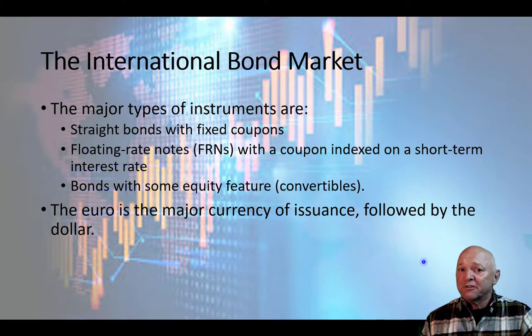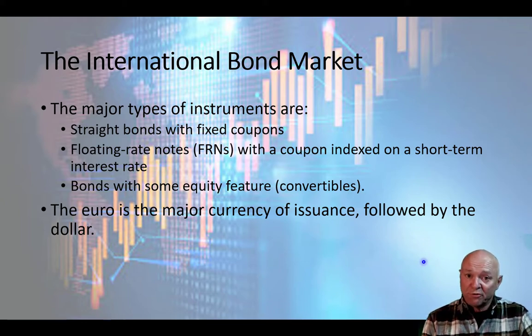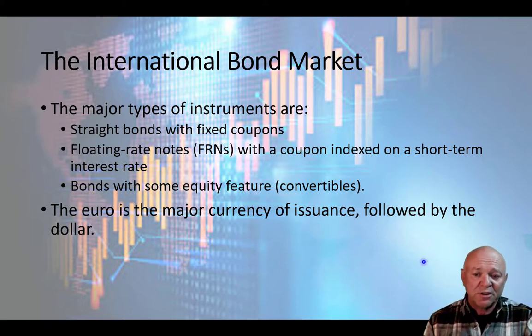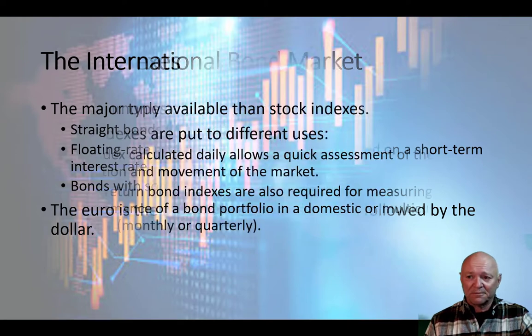The major types of debt issues that are used include, as we saw earlier, straight bonds, or vanilla bonds they're sometimes called, with a fixed coupon. Floating rate notes or variable rate bonds are second, and then we have bonds with convertible features or warrant features as well. Now we have the euro as the major currency of issue, followed by the dollar.